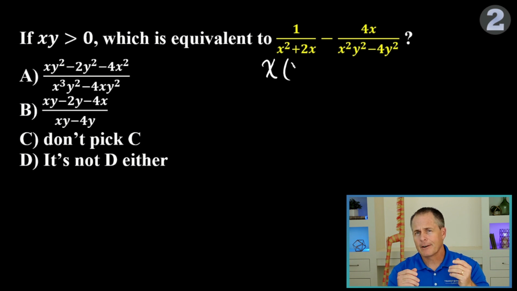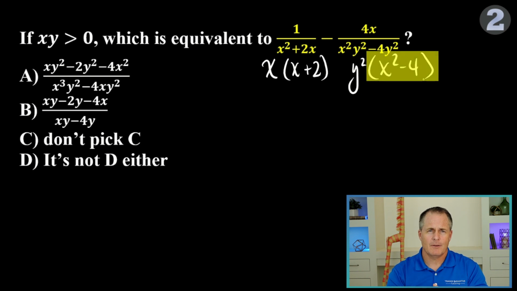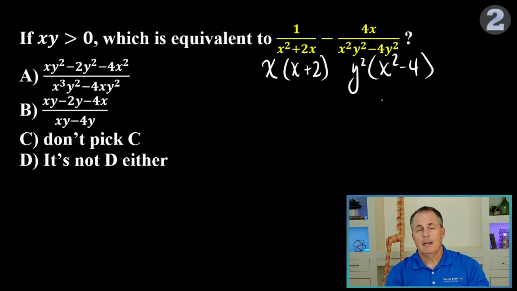How do you factor the second denominator? Take out a y squared, and an x squared minus 4 is left behind. Do you know how to factor x squared minus 4? Well, it's the difference of two squares again, so it's x plus 2 times x minus 2.